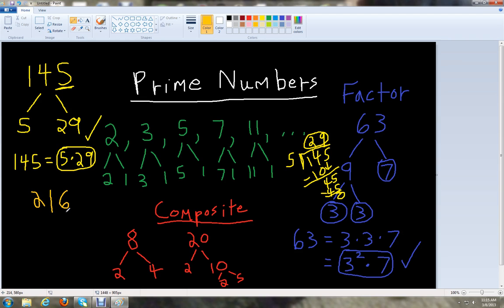And then we could ask ourselves, is this also divisible by 3? The way we can answer this question is to look at all the digits. We have 2, 1, and 6. If we add those together, 2 plus 1 is 3, 3 plus 6 is 9. And we see that 9 is divisible by 3. So we know that 216 is divisible by 3. So let's divide by 3.